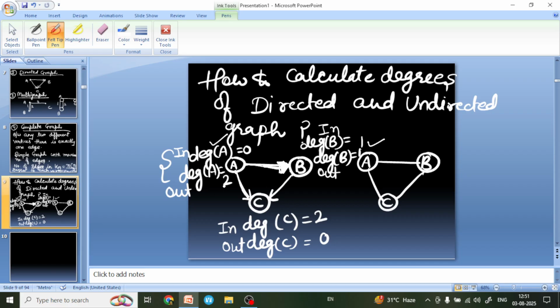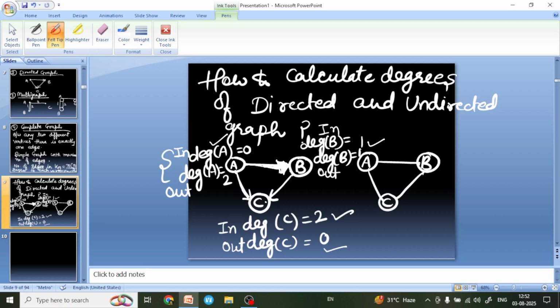So that's where the out degree of A is 2. The out degree of B is 1 and in degree also 1, because one arrow comes from A to B and one arrow goes from B to C. And for C, both arrows come from A and B. So that's why in degree is 2 and out degree is 0.